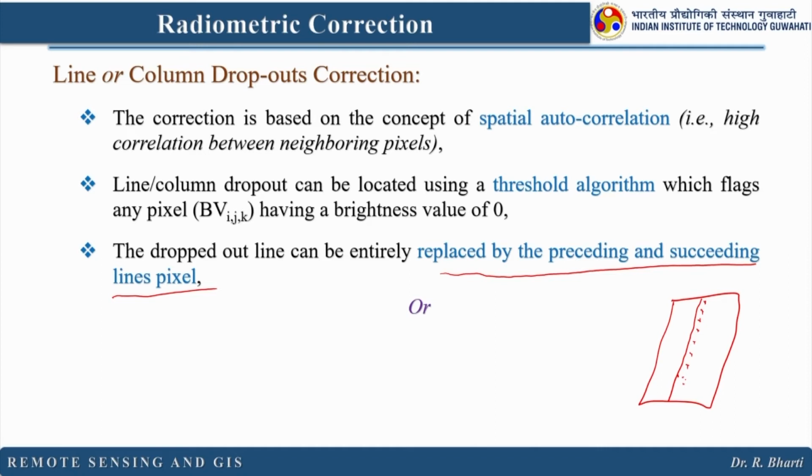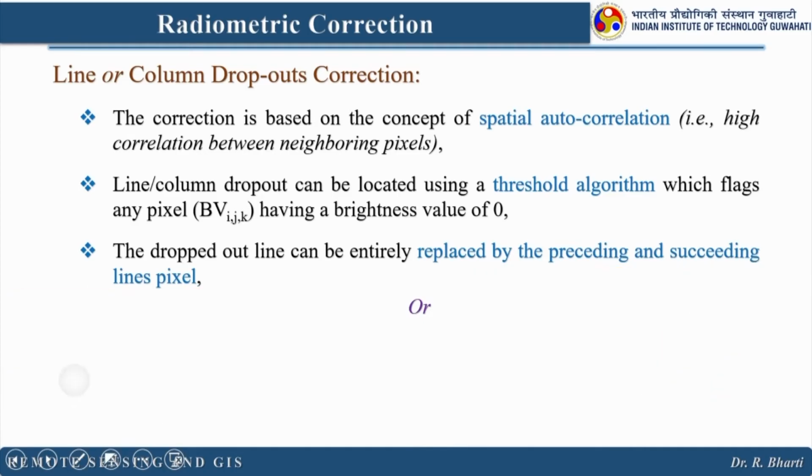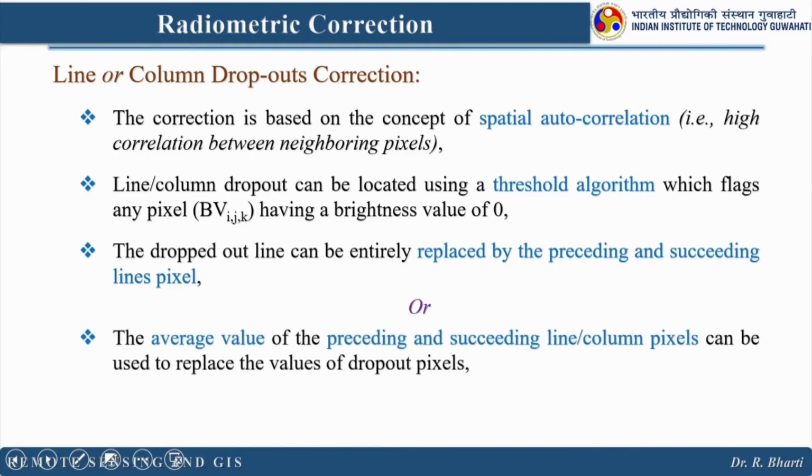But if you feel that they are different, then you take this and this, calculate the average, and replace in the center, right? So that is the next point. The average value of the preceding and succeeding line or column pixels can be used to replace the values of dropout pixels. I hope this is clear to you.